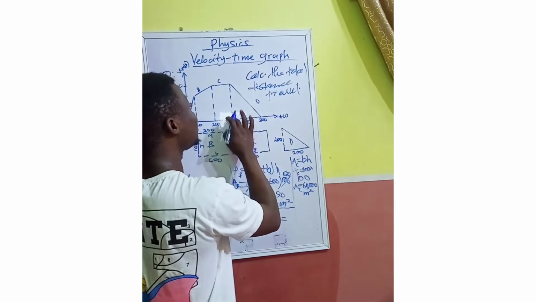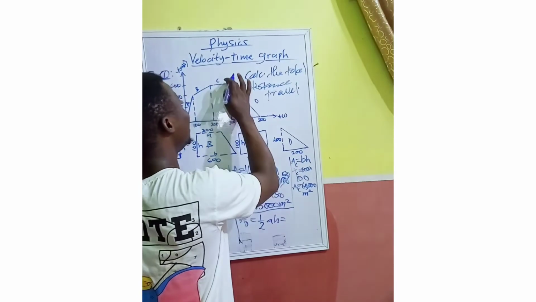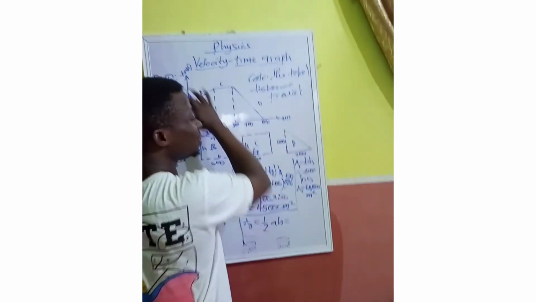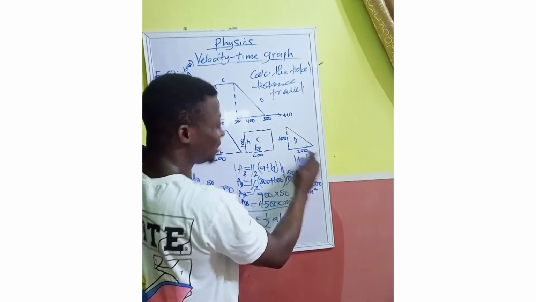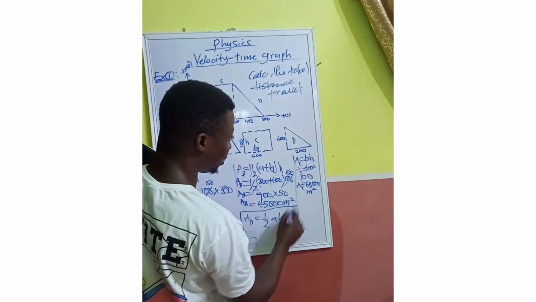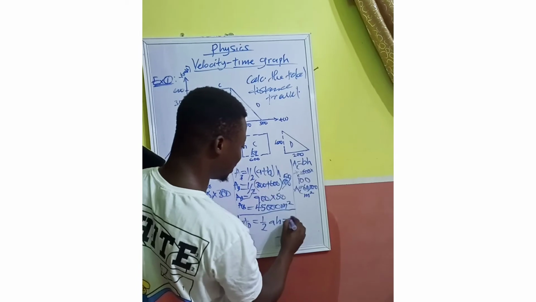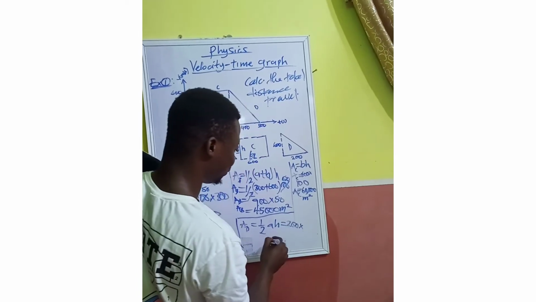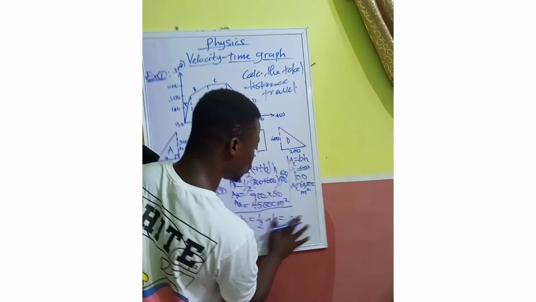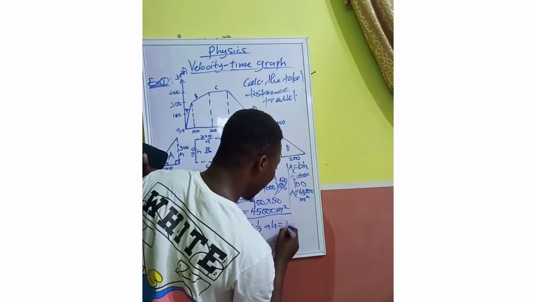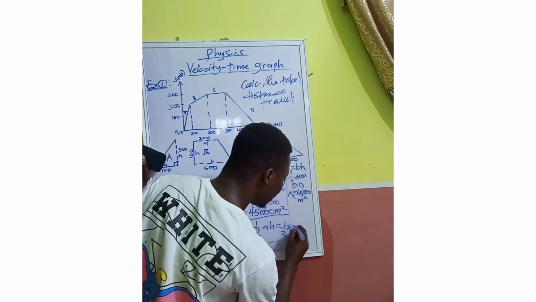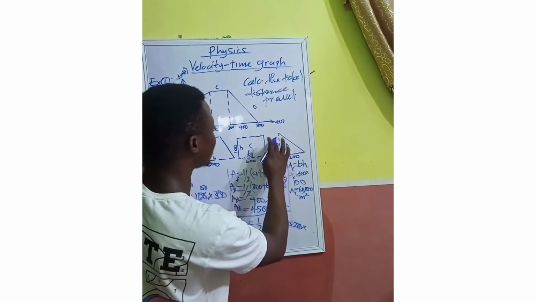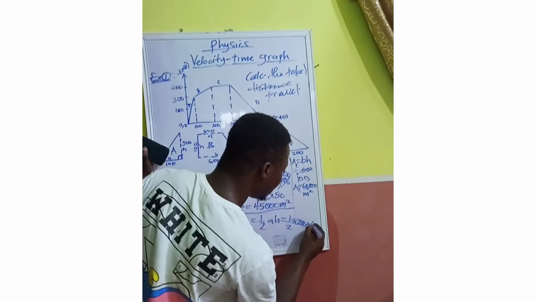Now look at this place, this dotted line that you have here is traced to the maximum velocity, which is 600. That means your A is 200, half times 200 times, what's your height? That's 600.